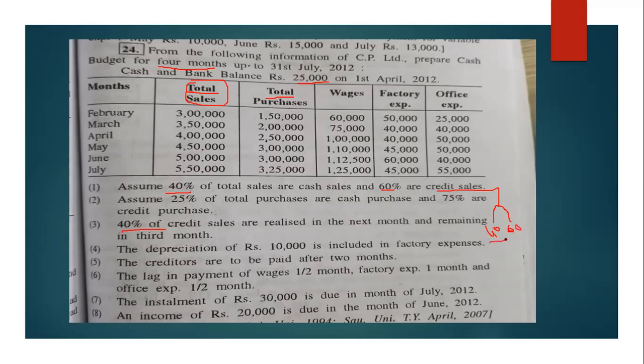As an example, February's sale is 3 lakh rupees. It will be bifurcated into 40% and 60%, right? So 60% of 3 lakh is 1,80,000. Now we have to make again 40% and 60% of 1,80,000. 40% will be recovered in the next month, that is March, but 60% will be recovered in April.